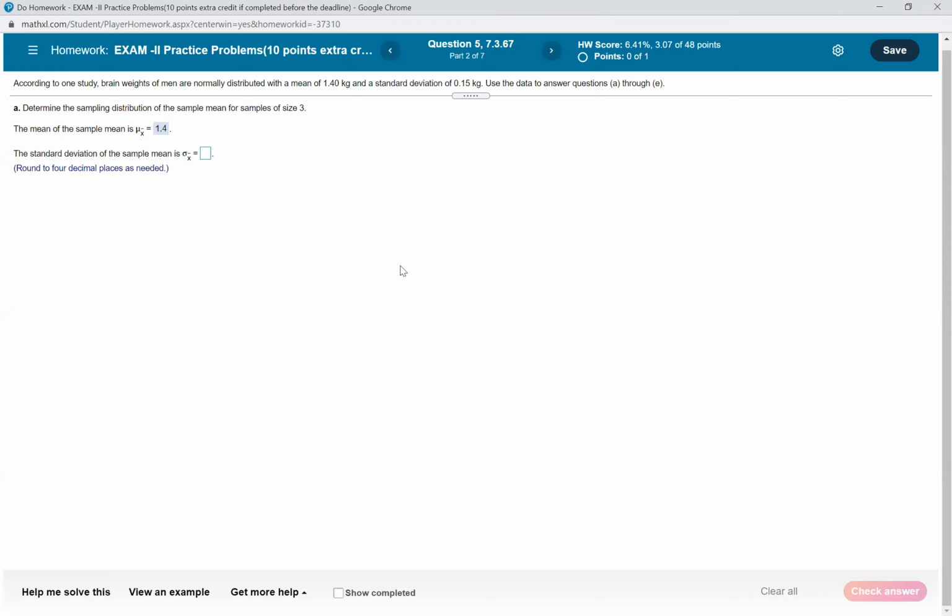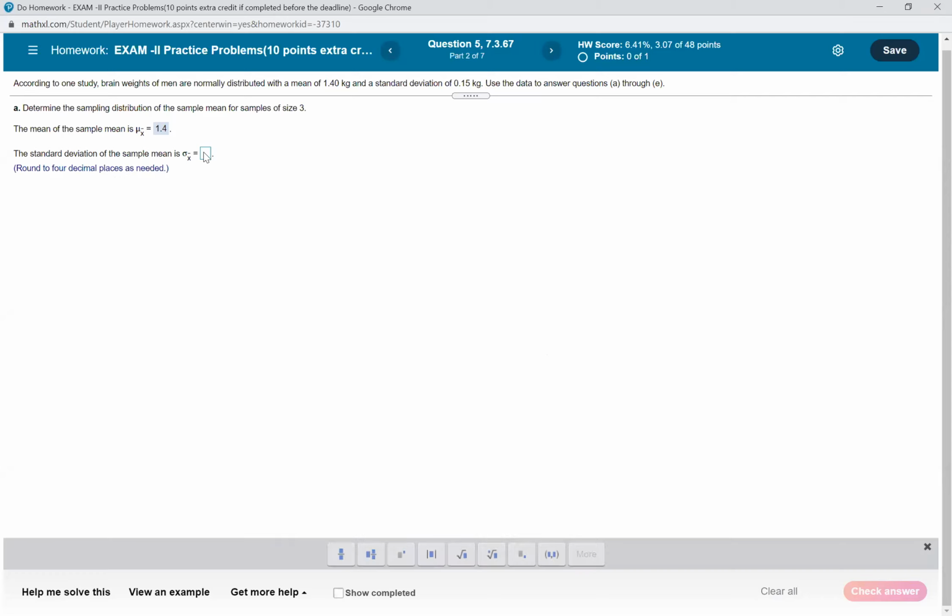Sigma is 0.15 and n is 3. So this will be 0.15 divided by the square root of 3. So it will be 0.0867, to 4 decimal places.